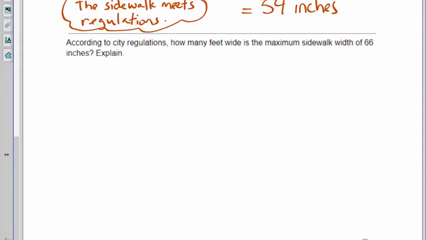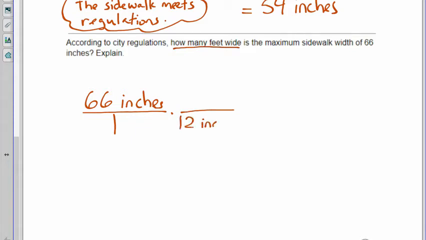For the next part, they're asking how many feet wide is the maximum possible sidewalk width if we have 66 inches. So we've got to change our 66 inches to feet. So again, I want inches to cancel out, so I'm going to put my inches on the bottom.